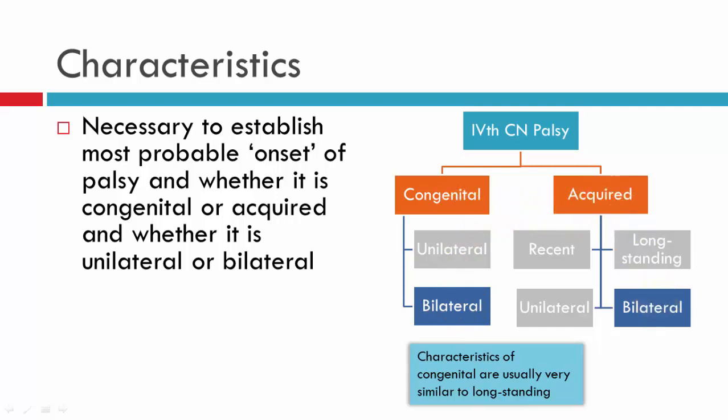You now have the tools from your previous videos to distinguish the congenital from the acquired fourth nerve palsy, or the long-standing versus the recently acquired fourth nerve palsy. This video will now add to this by teaching you how to distinguish a bilateral palsy from a unilateral palsy, regardless of whether the patient has something congenital or acquired.